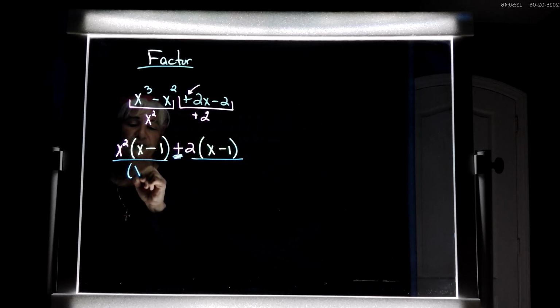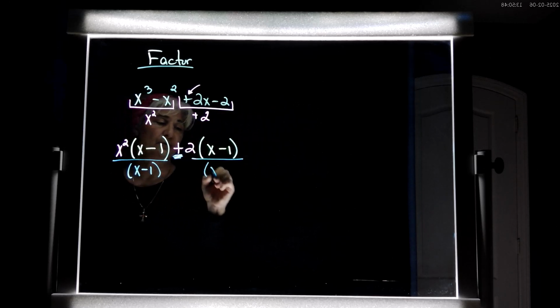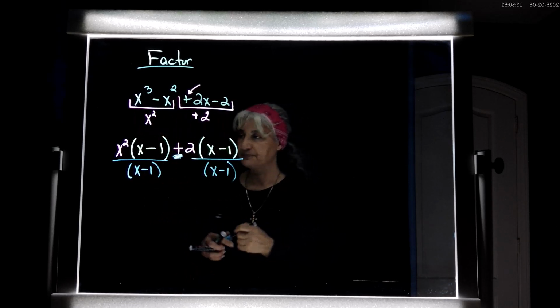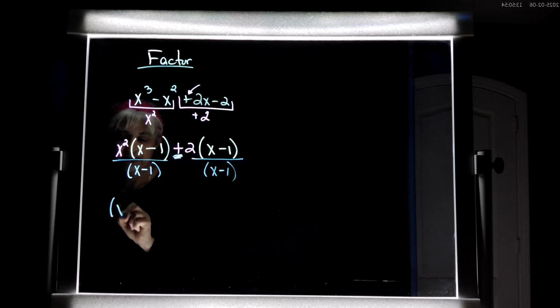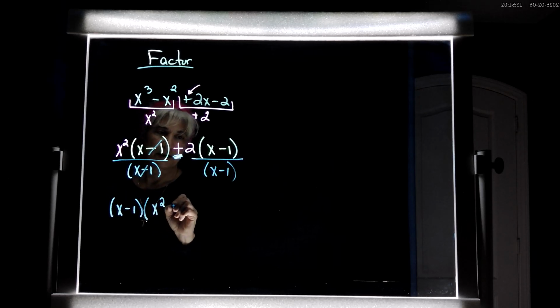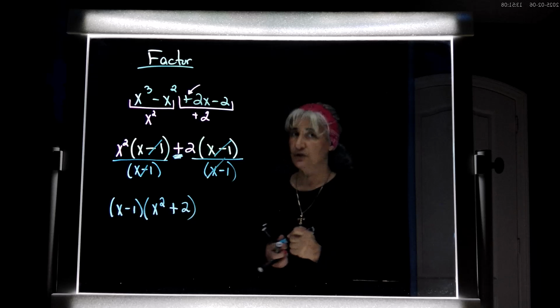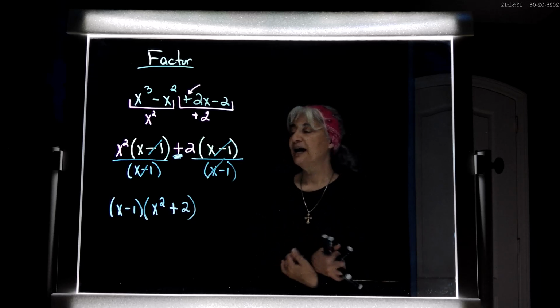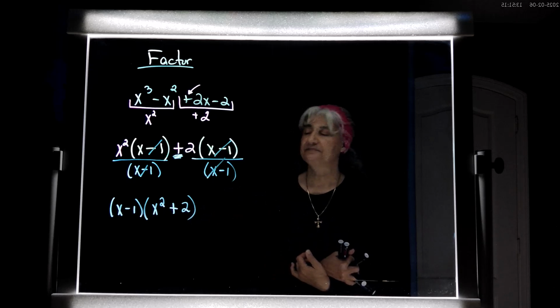I can divide out the parenthesis of x minus 1 from both of them. And when I do, out comes the x minus 1. These divide. What's left? X squared plus, these cancel out. They divide into a 1 plus 2. Good?